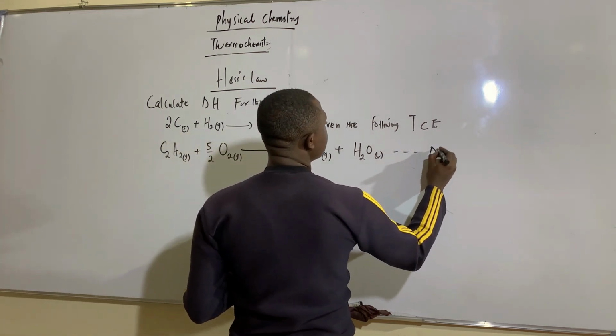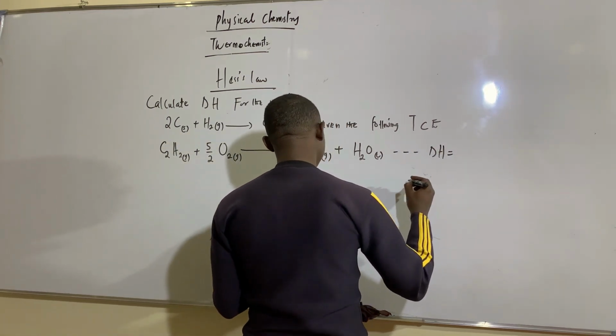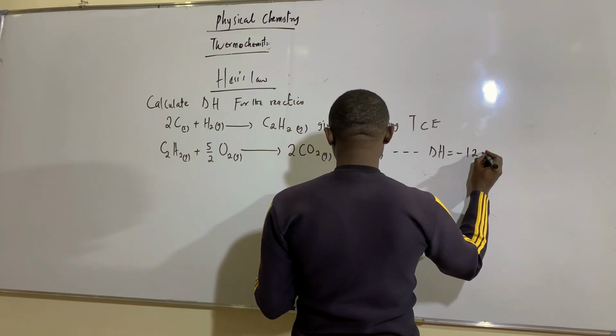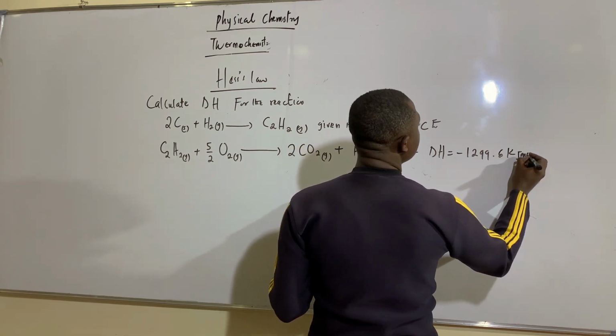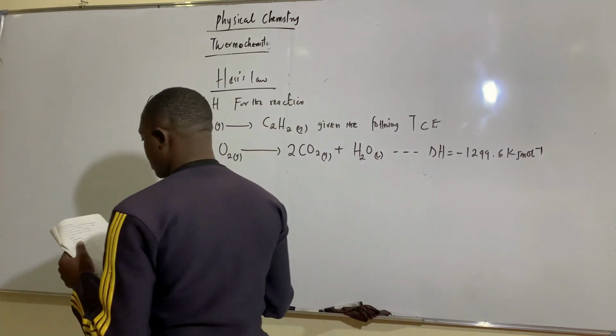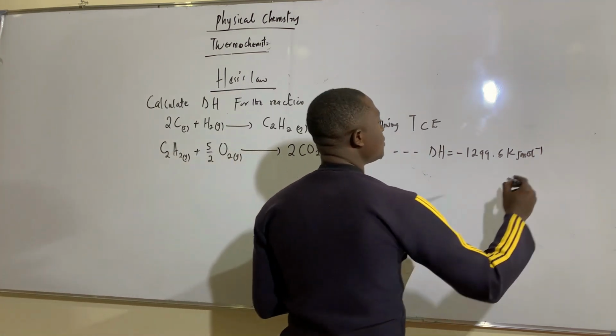The value of this is minus 1299.6 kilojoule per mole. That's for the first one. This is equation 1.